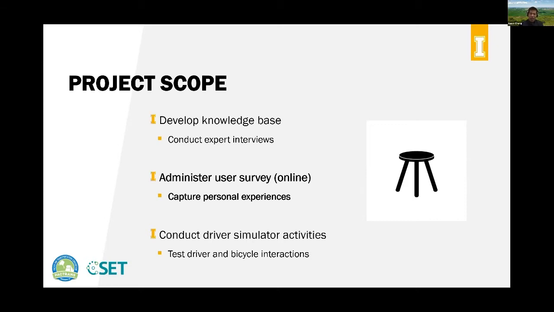Then we're going to turn it over to David at Oregon State University. They have a driver and bicycle simulator, and they're going to be testing the simultaneous interactions between drivers and bicyclists at an intersection.